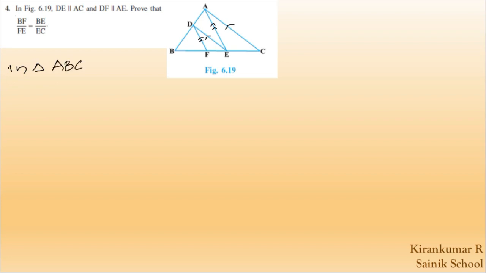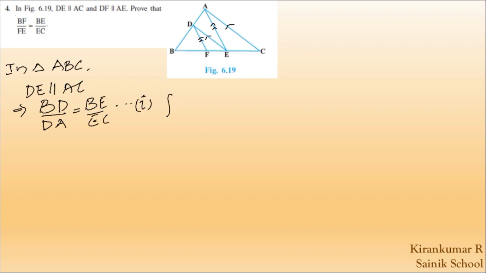I'll consider triangle ABC. We have DE parallel to AC. This implies from Thales' theorem BD upon DA equal to BE upon EC. I'll name this as 1. This is from Thales' theorem.